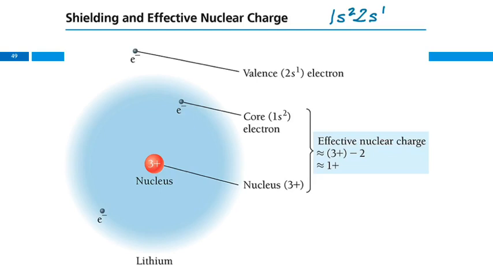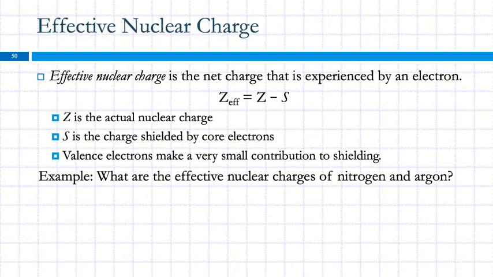Does that make sense? So the effective nuclear charge is given the symbol Zeff, for effective. It's Z, which is the atomic number of protons, minus S, and S is the charge shielded by the core electrons. So essentially, the number of core electrons.